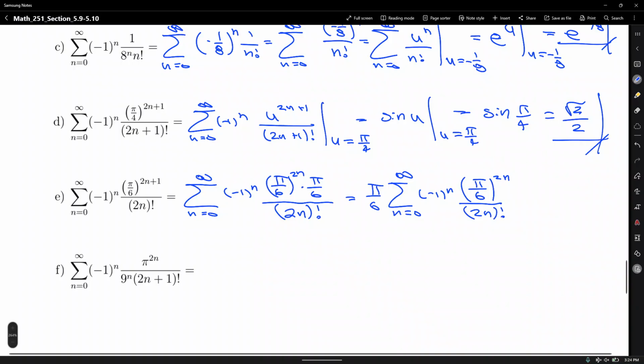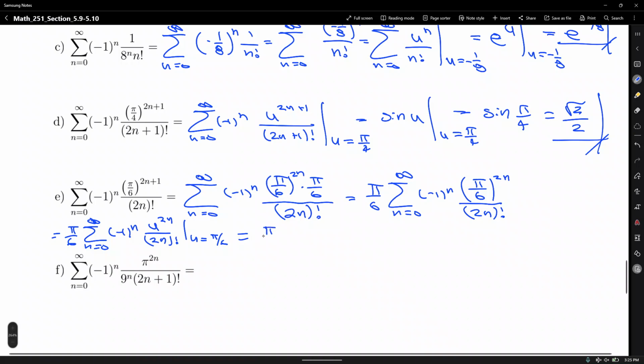Well, let me first write this in terms of u. Pi over 6, sigma n equals 0 to infinity of negative 1 to the n, u to the 2n over 2n factorial, where u equals pi over 6. Well, let's just call for the cosine function here.